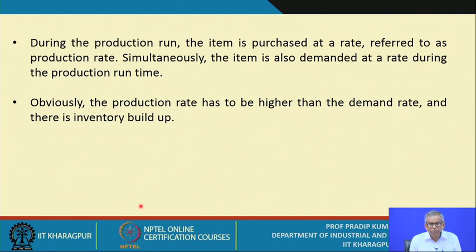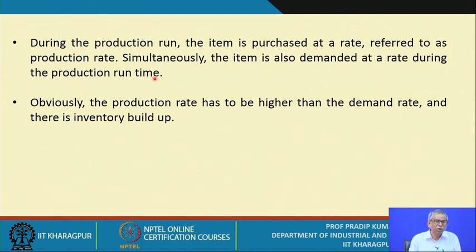During the production run, the item is produced at a rate referred to as the production rate. Simultaneously, the item is also demanded at a rate during the production run time. That means as soon as you start producing at a particular rate, you start using it.